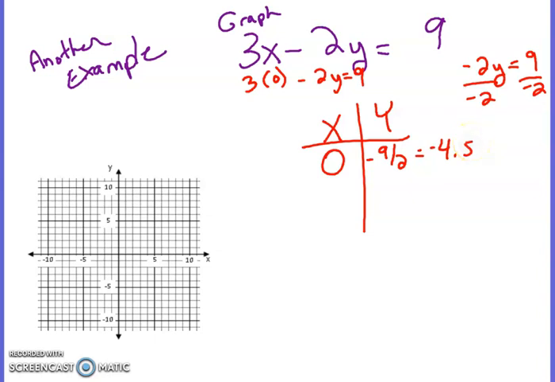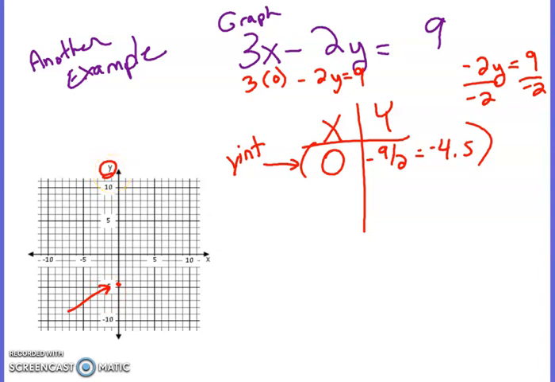So 0, -4.5 is a point on your XY chart, right here. And again, when you substitute 0 in for x, it actually finds the y-intercept, because it hits the y line.